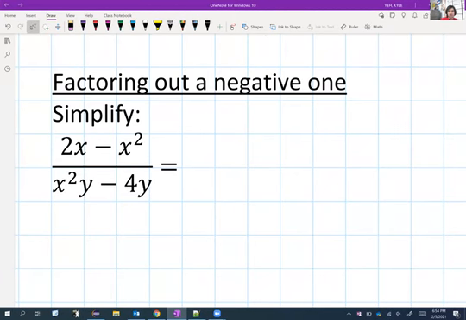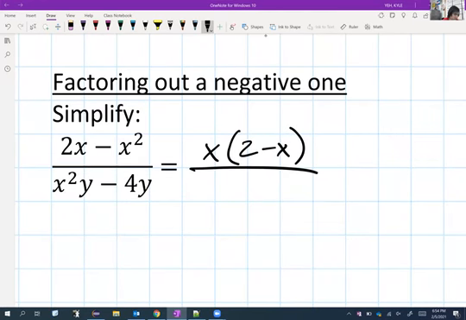So our problem says simplify 2x minus x squared over x squared y minus 4y. So step one, let's factor on top. We can definitely pull an x out, and sometimes we forget that that's factoring. Well, this is x times 2 minus x. And then on bottom, we can pull a y out.